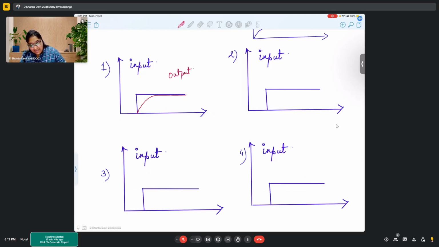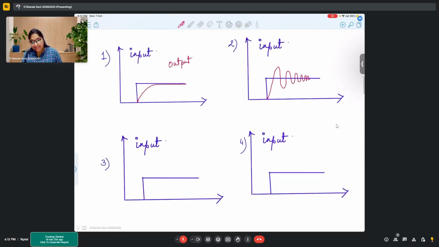Now, there can be another condition where your output rises slowly, goes beyond your input, comes down, and basically oscillates across your input, and at some infinite point, it will stabilize and come closer to your input value. This is the second case, right?